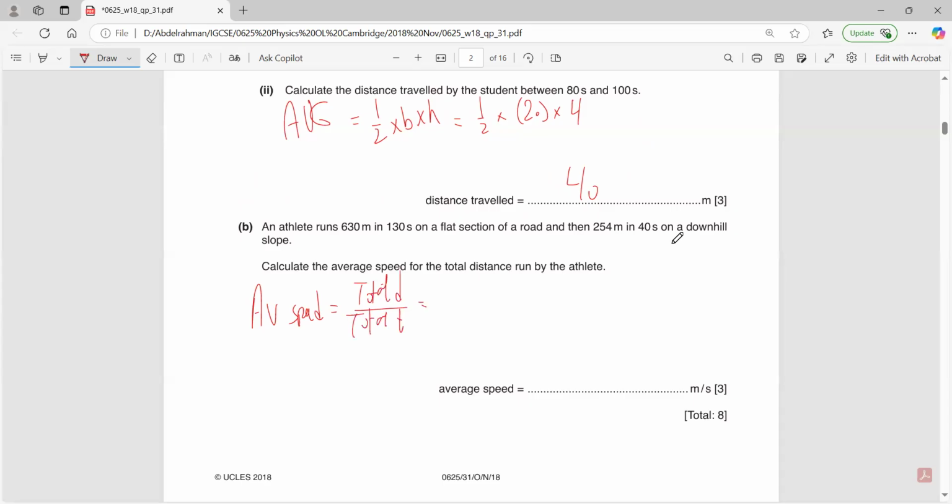Total distance is 630 meters plus 254 meters over total time, which is 130 plus 40 seconds. So total distance over total time gives me an average speed of 5.2 meters per second. Easy.